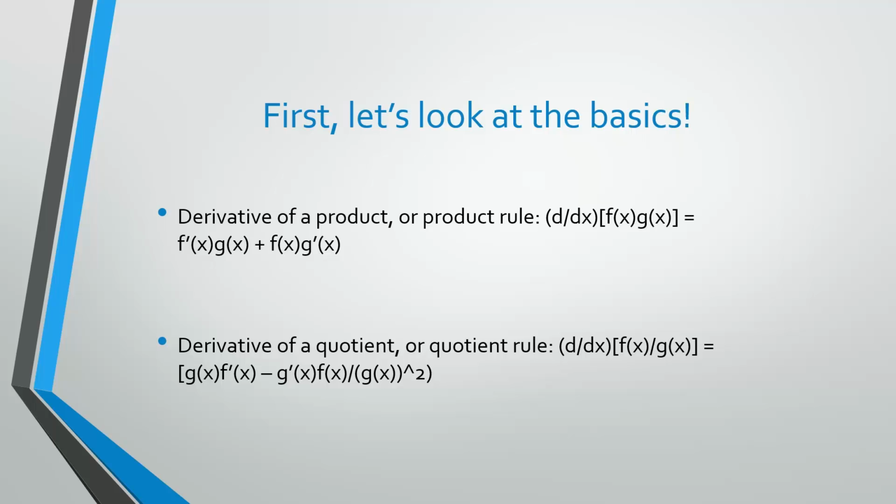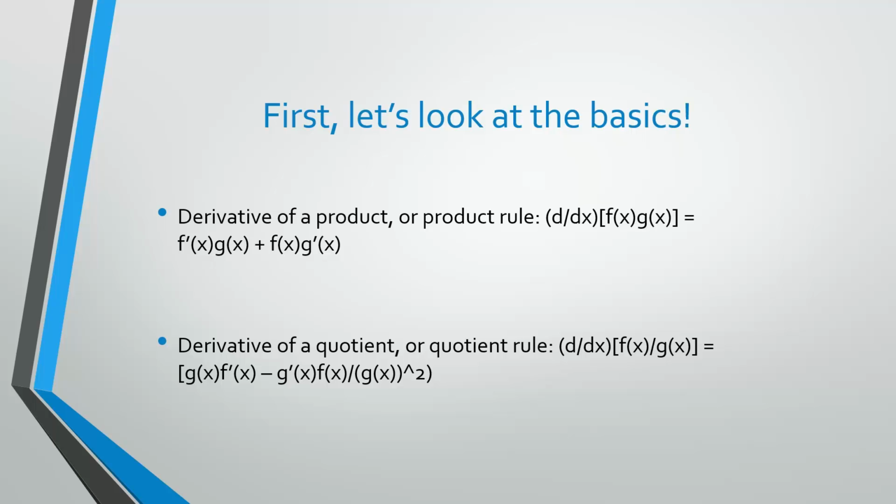What is the product rule? If you were unaware or cannot recall, the quotient and product rule is right on the screen. The product rule is the derivative of f of x times g of x plus f of x times the derivative of g of x. Kind of a mouthful, but it's on the screen.